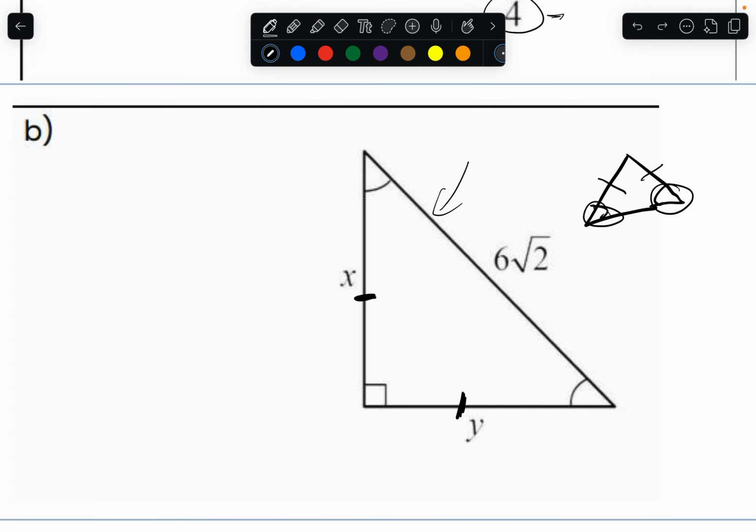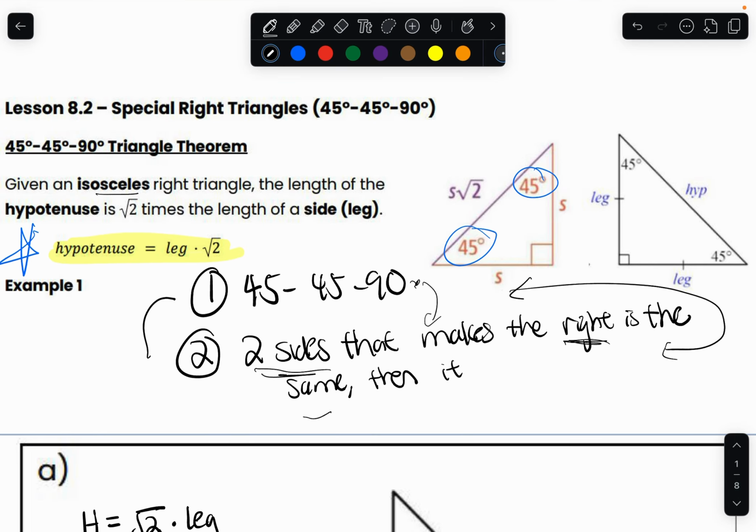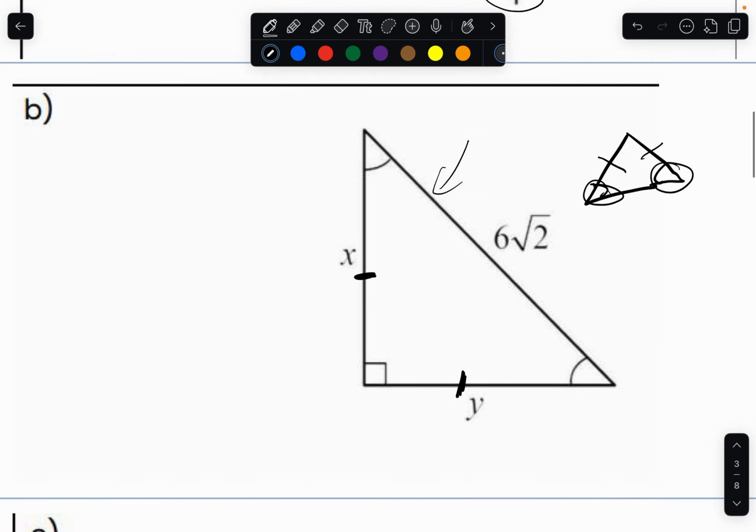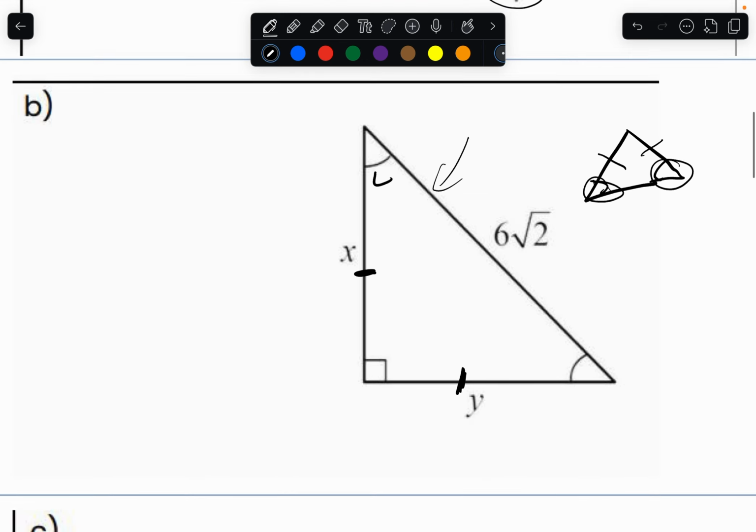So this is 90, this is 45, and this is 45. Remember, you always have to prove that it's a 45, 45, 90 triangle before you can use your formula. Now, once we prove this, we can use our formula to figure out my x and my y.